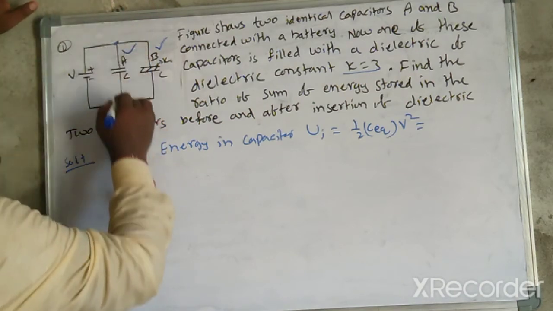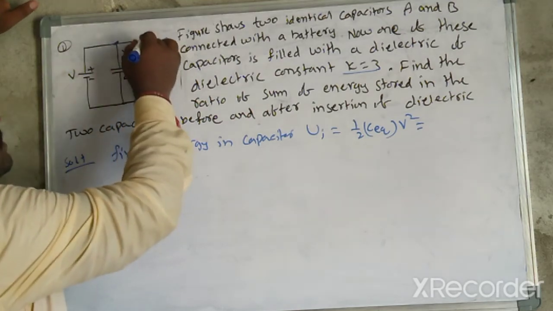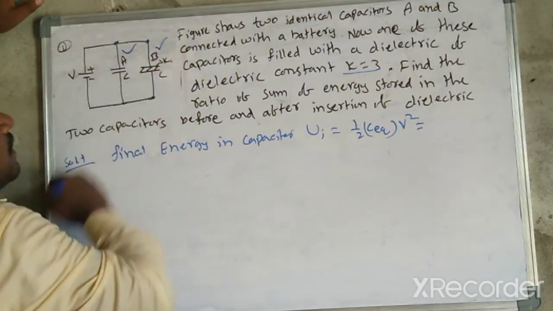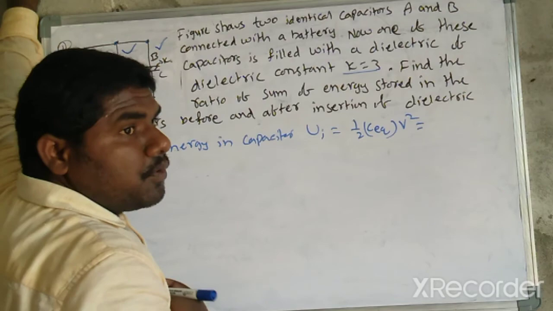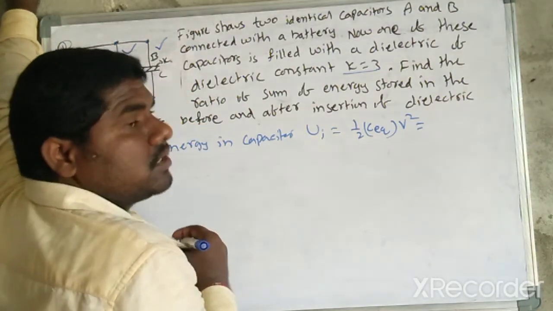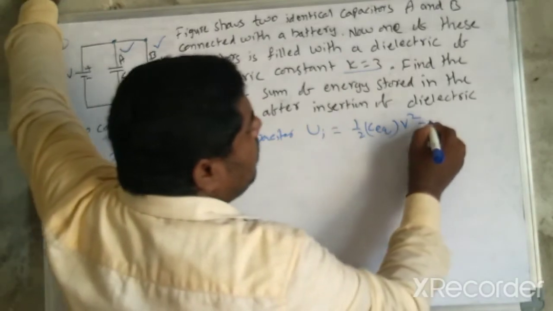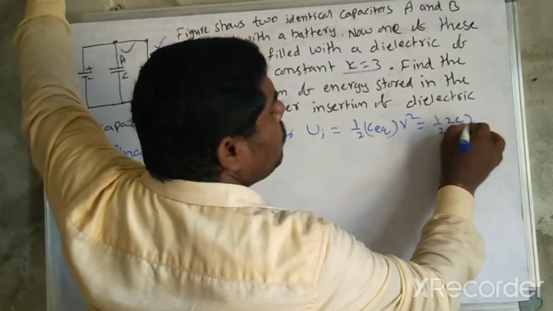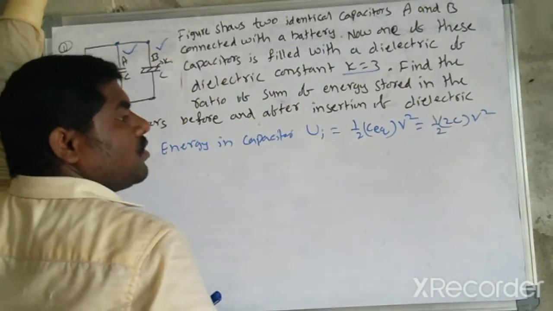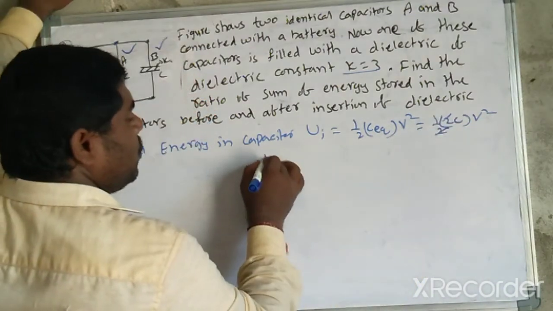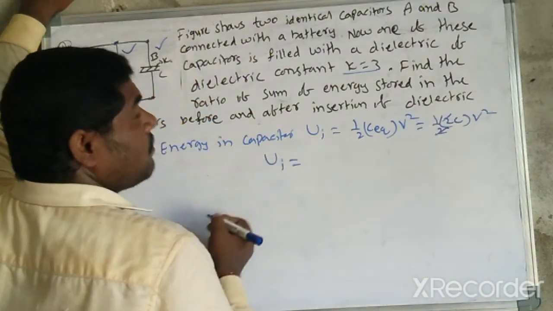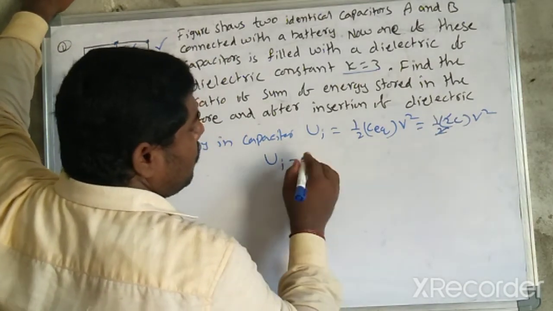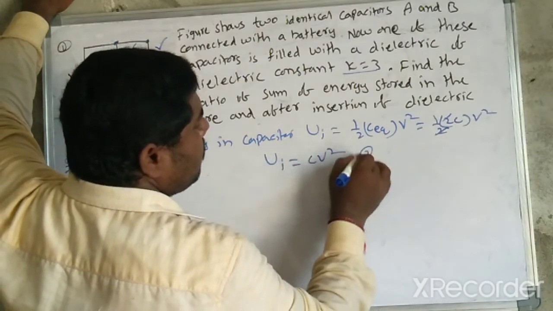The battery potential is the same across A and B, so it is a parallel connection. In parallel, potential is the same; in series, charge is the same. So C equivalent is C1 plus C2, which is C plus C, total 2C, with battery V. The 2 cancels, so U initial is C V square. This is equation 1.